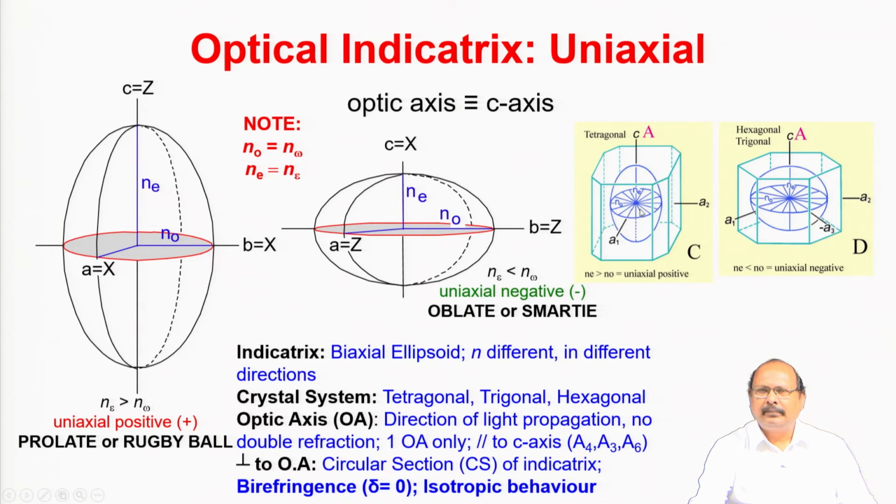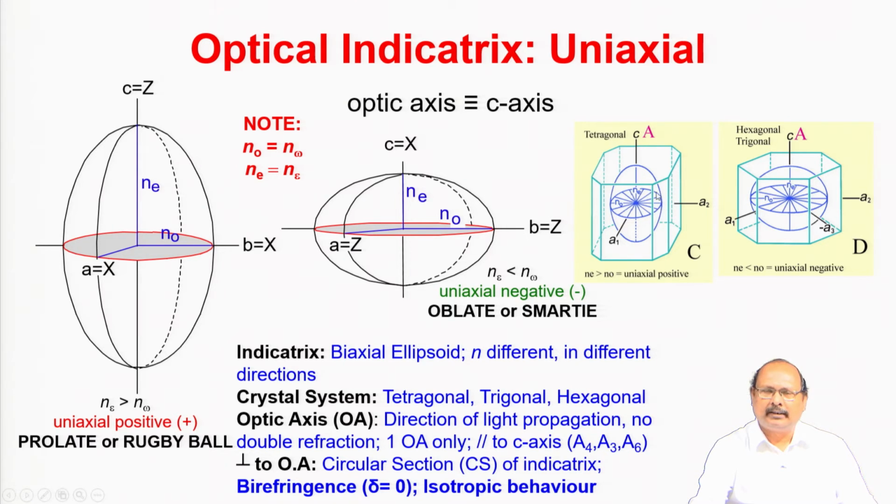What does it mean? If you have a plane perpendicular to the C crystallographic axis and the rays vibrate in that plane, the velocity will be the same everywhere. Immediately you can understand that the refractive index corresponding to the rays vibrating in that plane will be the same everywhere.